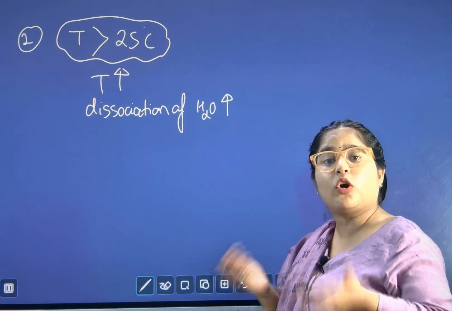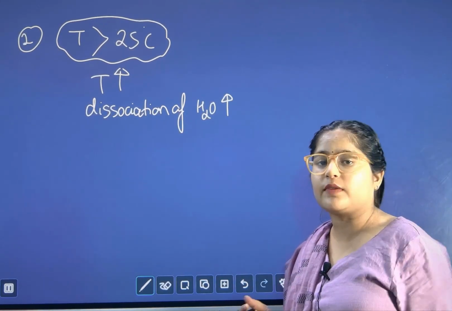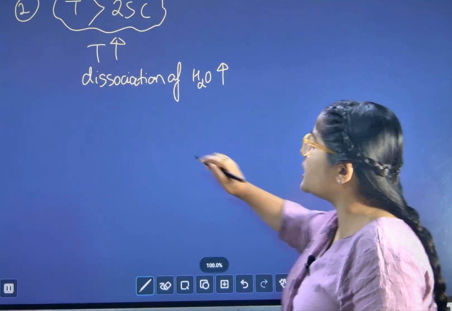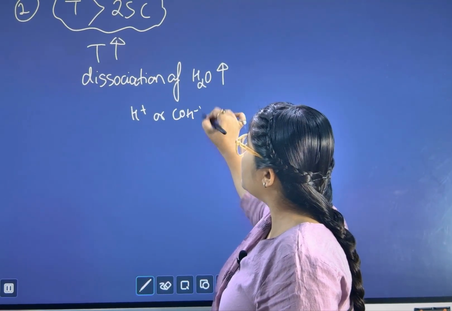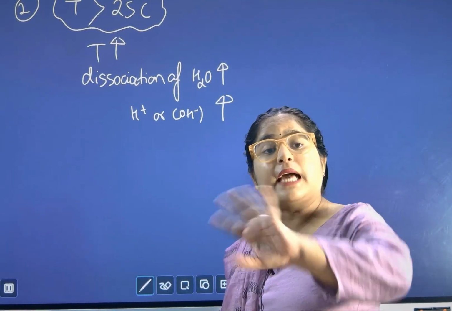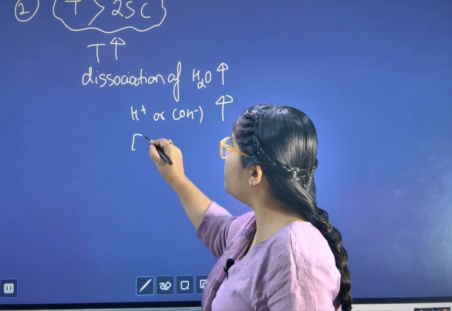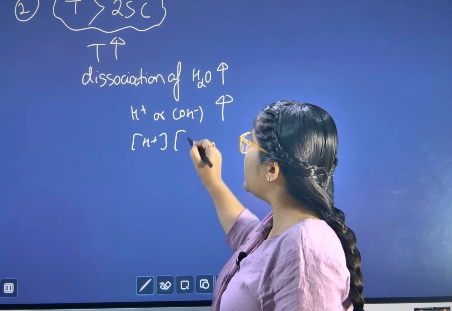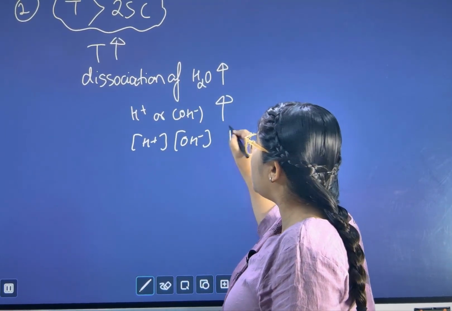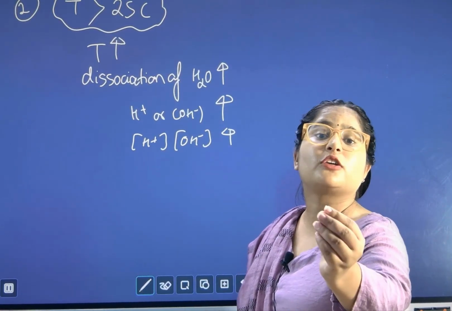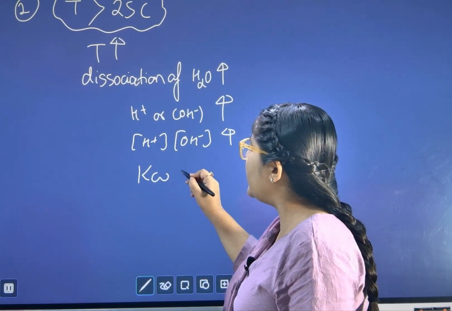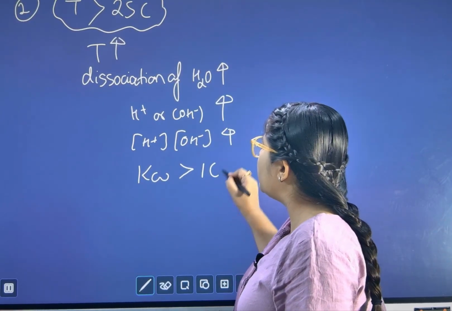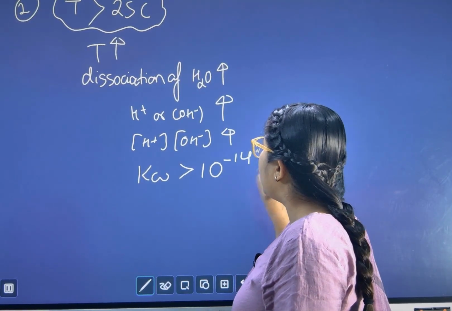More temperature, more water will dissociate. So H+ and OH- concentrations both increase, so their product will also increase, and we know the product of H+ and OH- is Kw. So Kw will also increase.